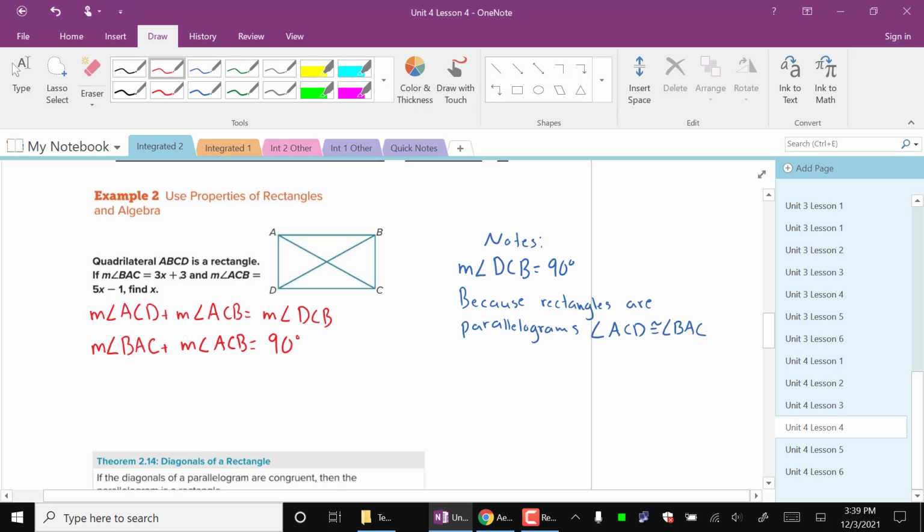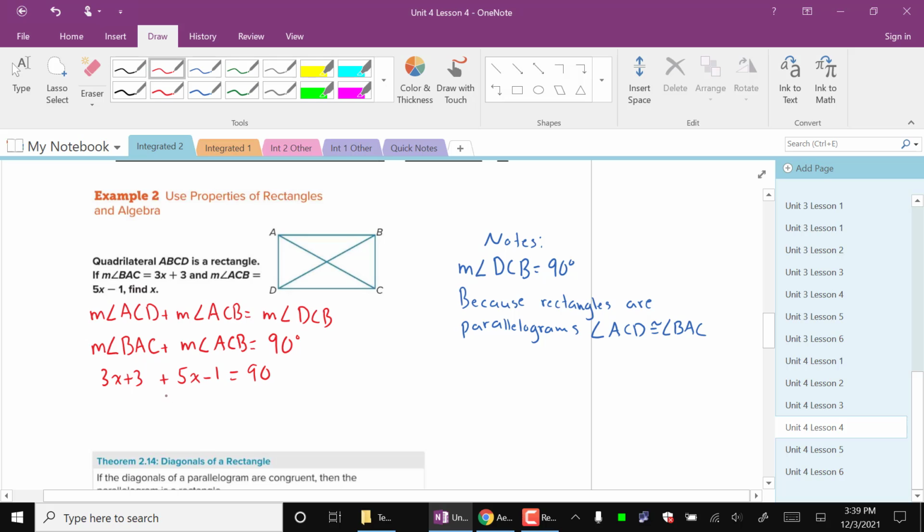Well, now I'm going to put in the information that they gave me at the beginning. So 3x plus 3 plus 5x minus 1 equals 90.